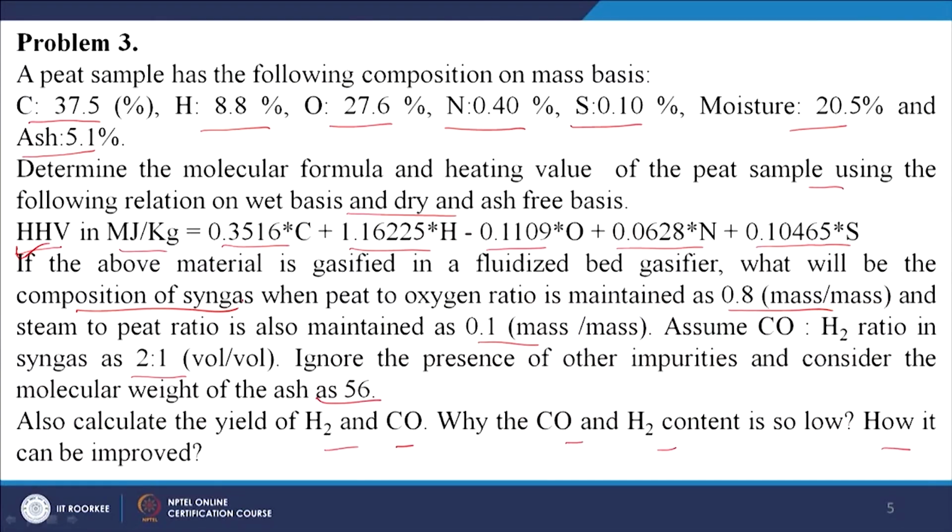Then we have to calculate the composition of syngas. Composition of syngas means the feedstock will be reacting with the gasifying agent and it will be producing syngas with different compositions, including different gas components. We have discussed in the previous class that gasification reactions can be presented by some generic expressions, and we will be using that.